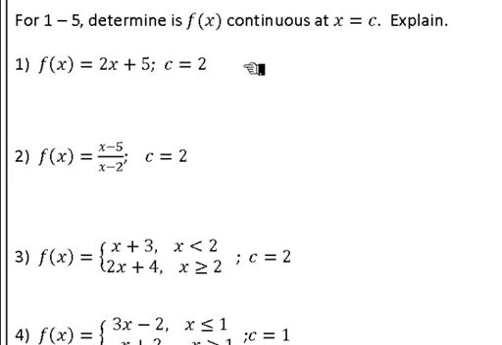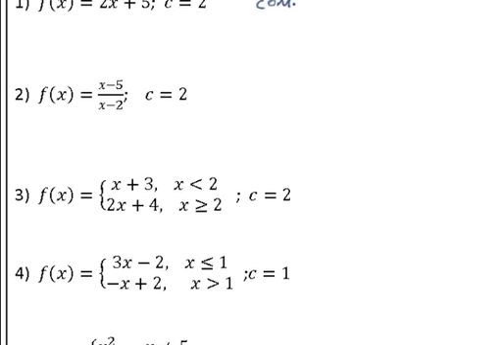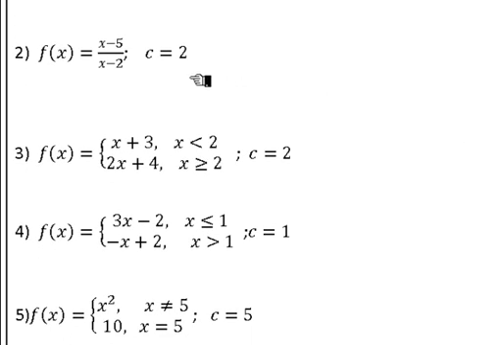All right, well, number 1 was continuous, so we'll skip that one. Okay, number 2, f of x was discontinuous. And we just want to see, is the discontinuity removable or not?